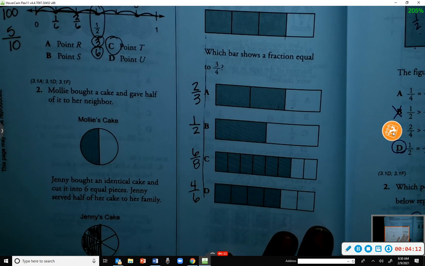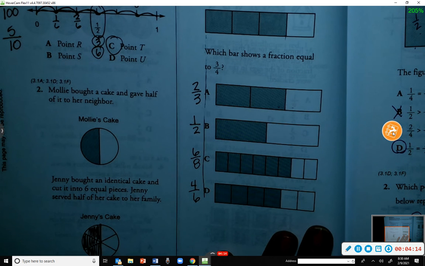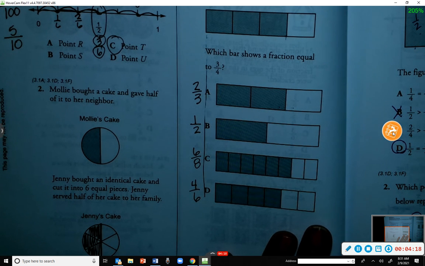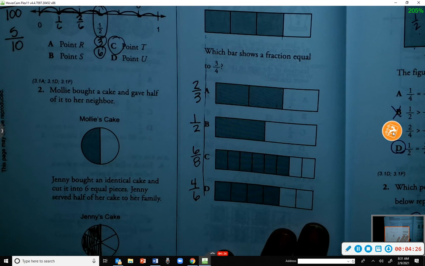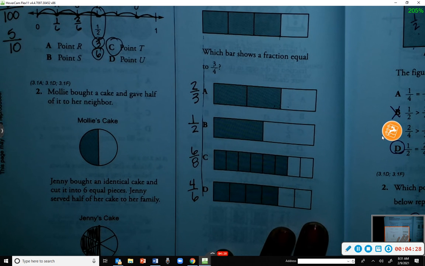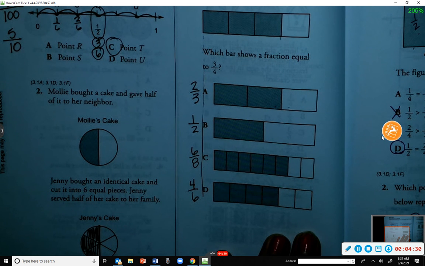Allie? So I got the numbers from the cubes. Then I put the 3/4 in front of both of them, and I saw what was equal.